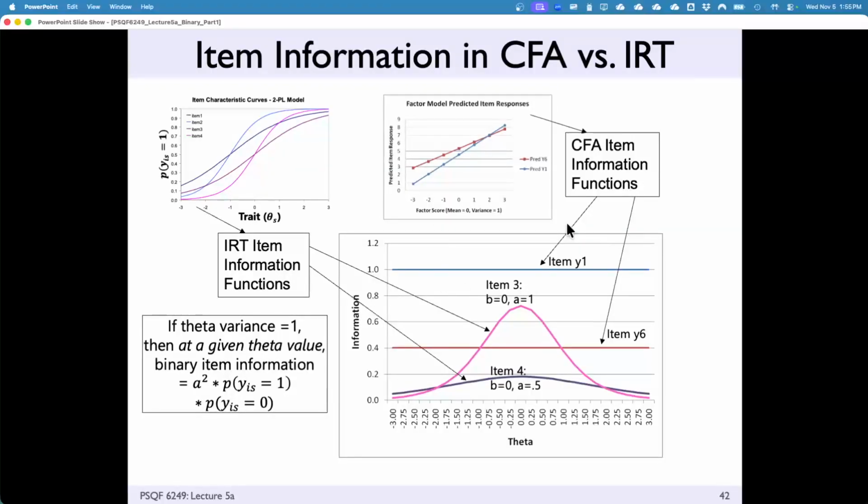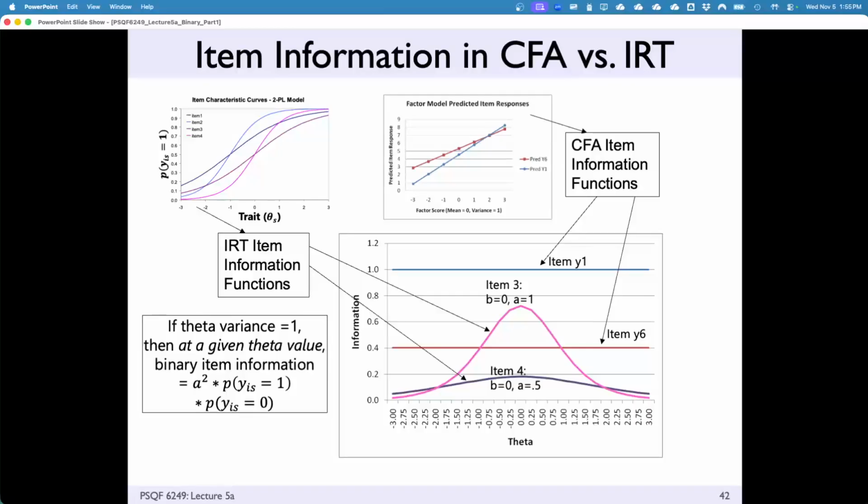So in IRT, which is this graph on the left, these items give rise to the information curves that are seen right here. Item information is this function right here.